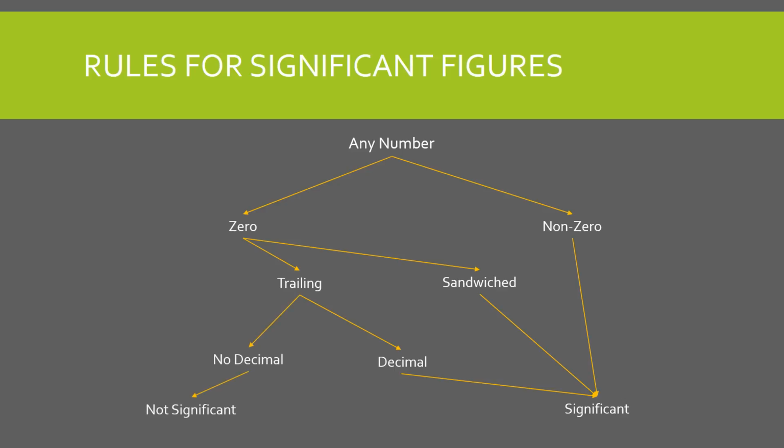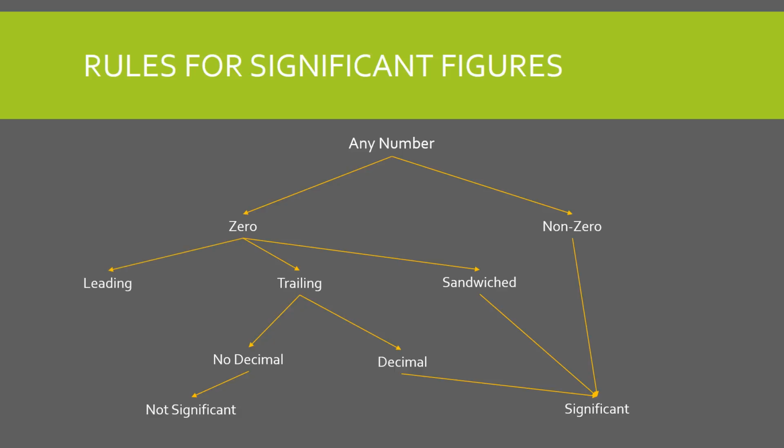And then you've also got trailing zeros with no decimal. So that's a number like just 2000 without the decimal. Earlier I specified that 2000 with a decimal is significant, but 2000 without a decimal is not. So the number 2000 only has one significant figure in it. The 2 is the only one that's significant.